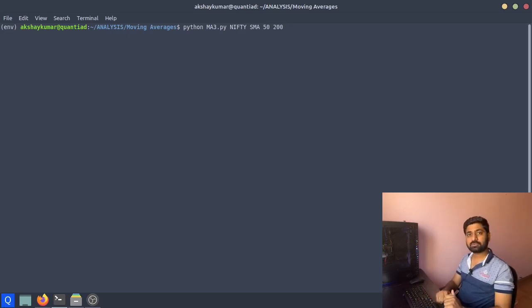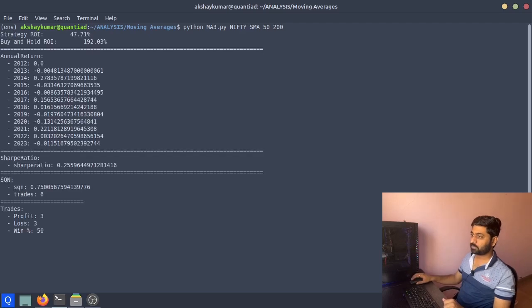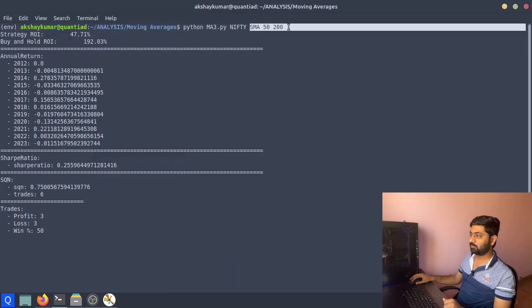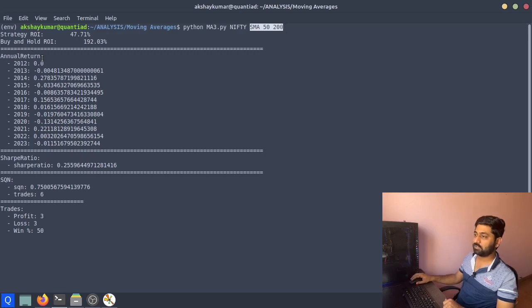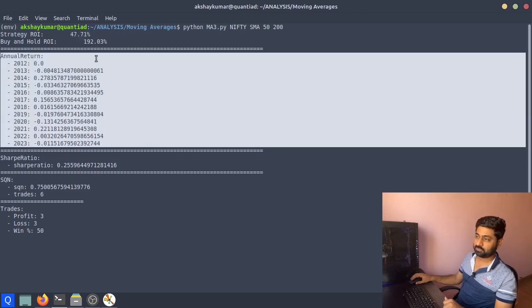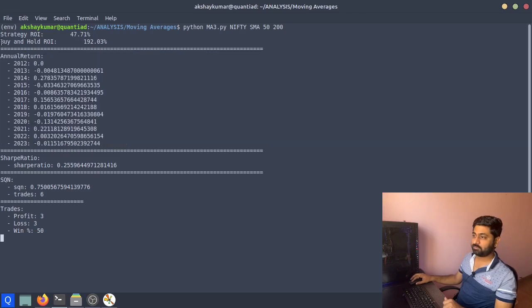So 50 is used for filtering purposes and 200 will be used for entry and exit of signal. If we use the simple moving average 50-200 combination, you will get around 47% ROI over 10 years of data. But for the same period, you will get a buy and hold ROI of around 200%.